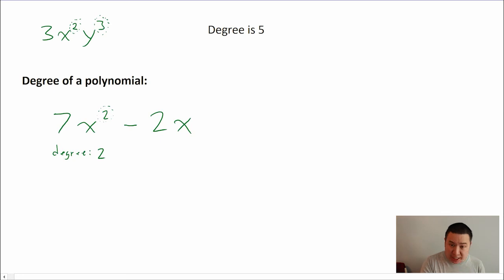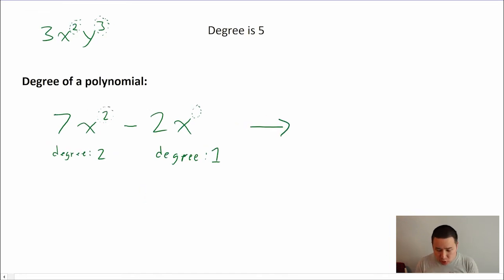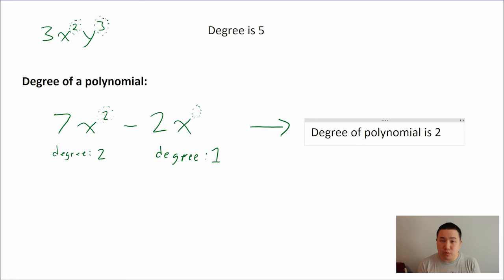And this term, this negative 2x, has a degree of 1. So the degree of this entire polynomial is the highest of those 2, so 2. Let's do one last example.